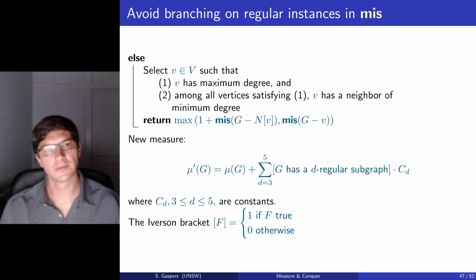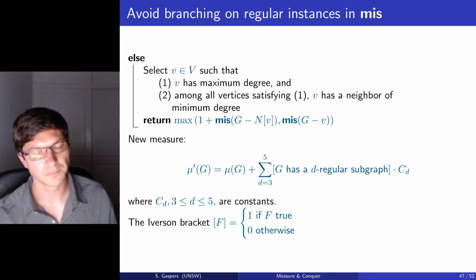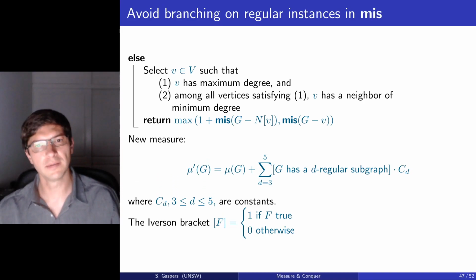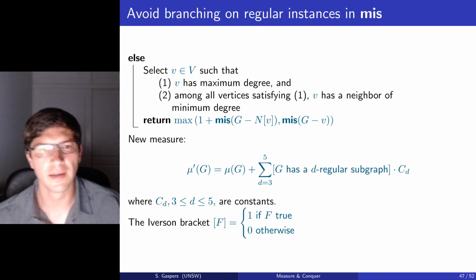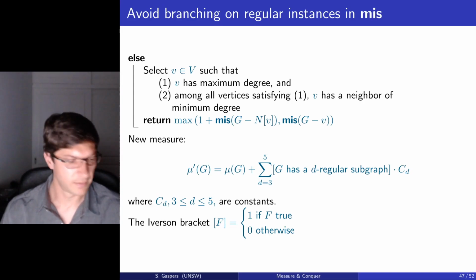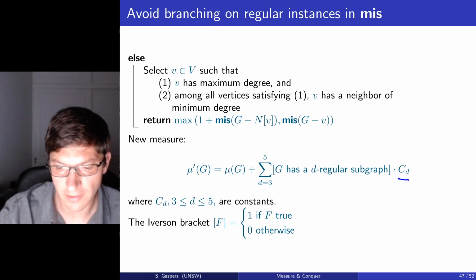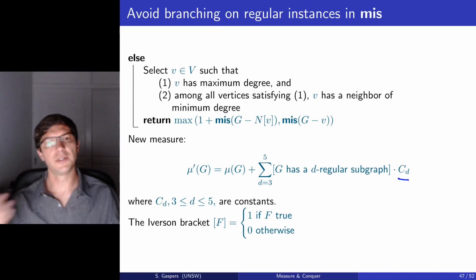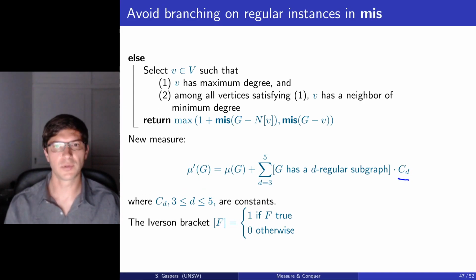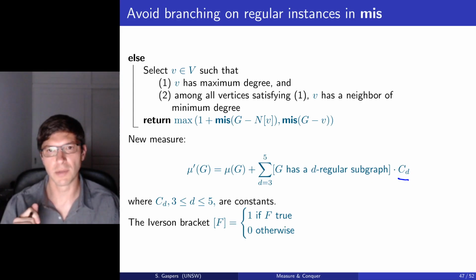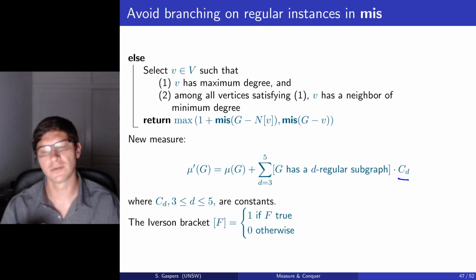But my new measure is now mu prime, which is mu of g plus, and then I have a sum here, and these are the artificial constants that I add. So if g still has a 3 regular subgraph, I add this constant c3. If g still has a 4 regular subgraph, I add this constant c4.